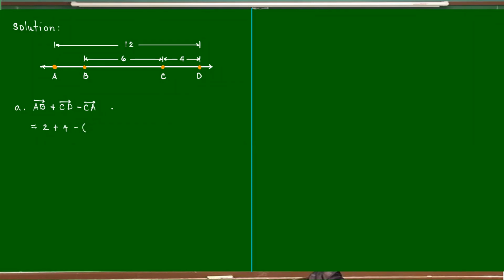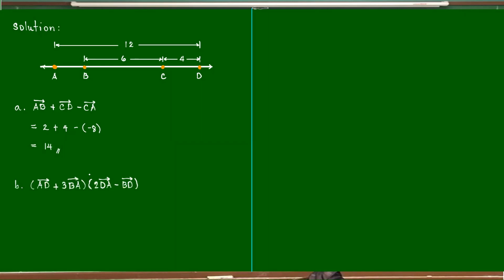But CA is from what? Right going to left. So that is negative. CA is 6 plus 2, so negative 8. Okay. So the value is equal to 6 plus 8, that is 14. So this is the value of this expression involving directed line segments.